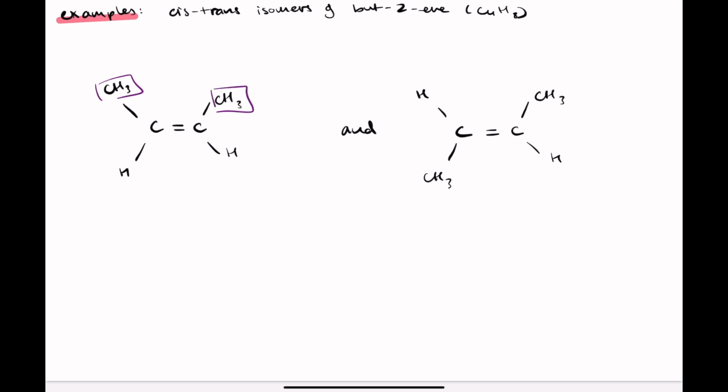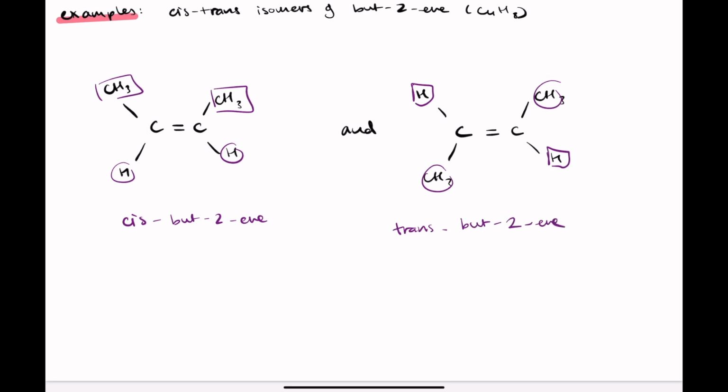Here we have our substituents on the same side, so we're going to have a cis isomer, and we can just write this as cis-but-2-ene, and then here we have them on opposite sides, so this is going to be trans-but-2-ene.